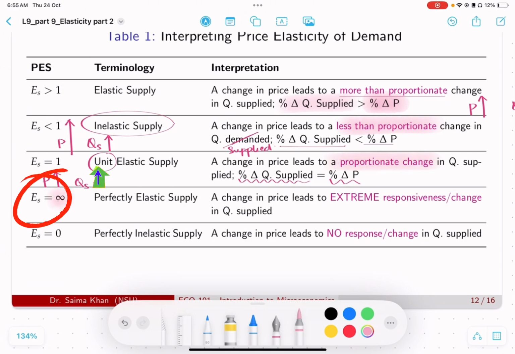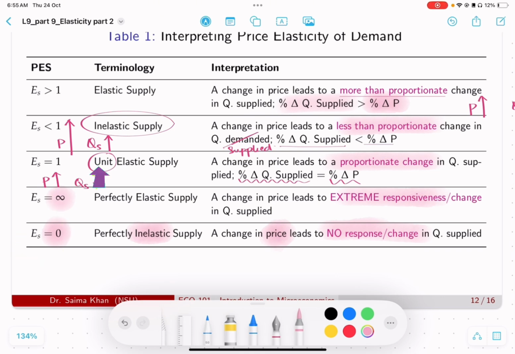Next, when we are saying perfectly elastic supply, we're saying producers are extremely responsive to a change in price. Whereas when we are talking about perfectly inelastic supply, we're saying, hey, you know what? Producers don't respond at all to any change in the price.